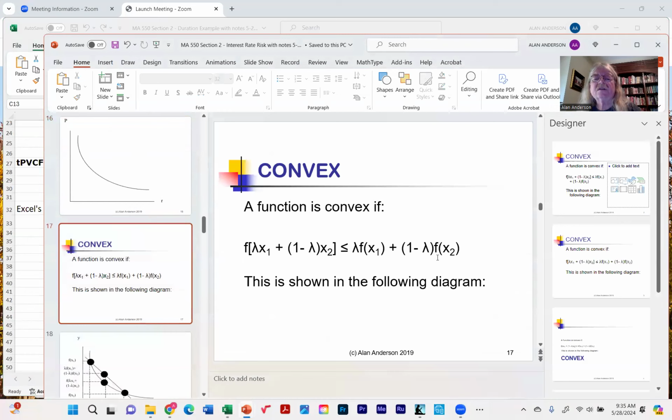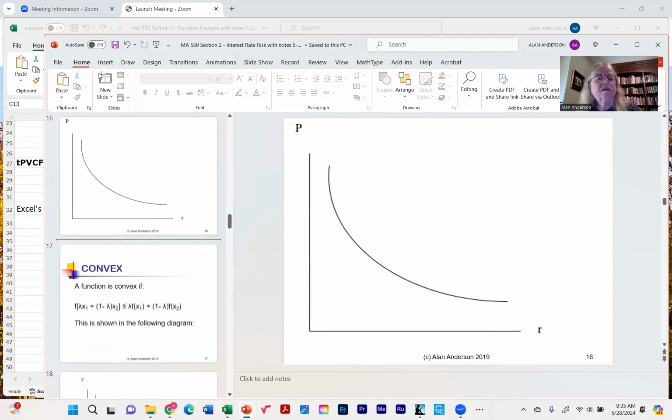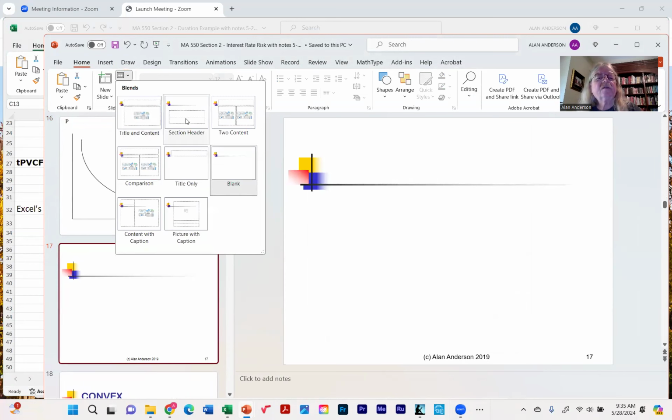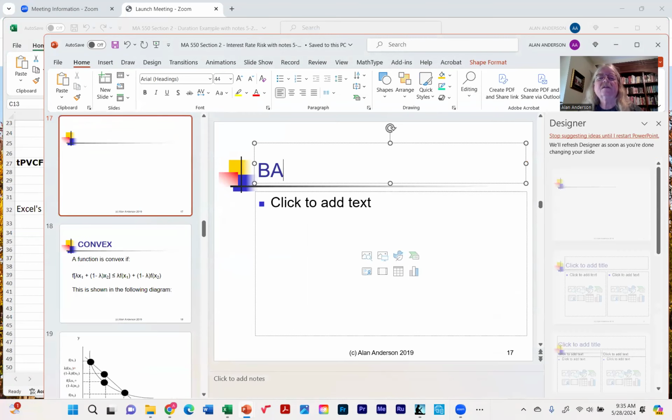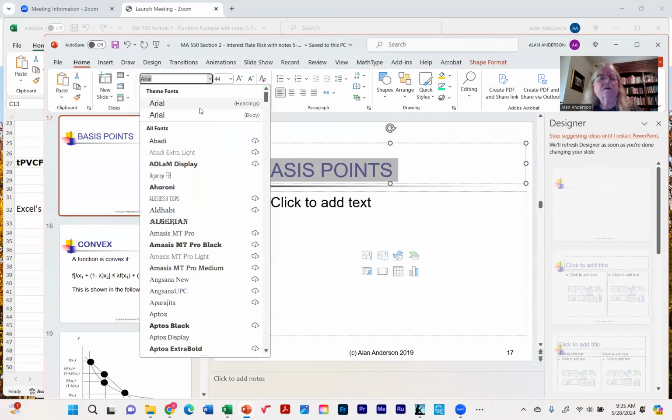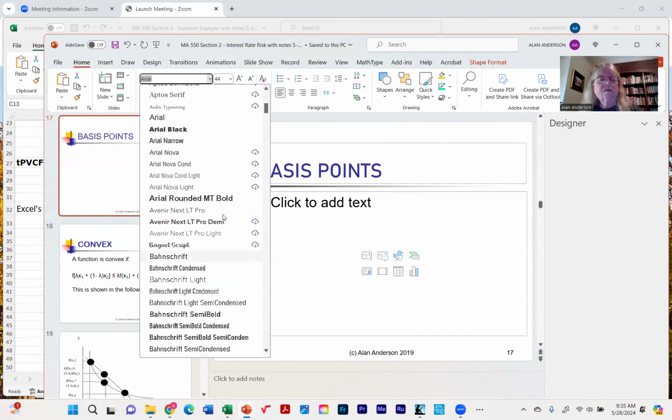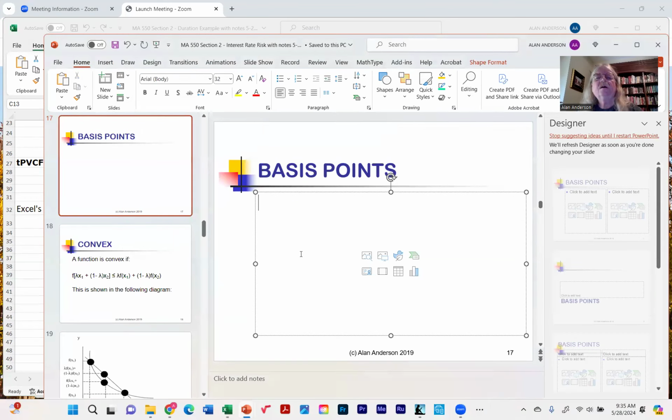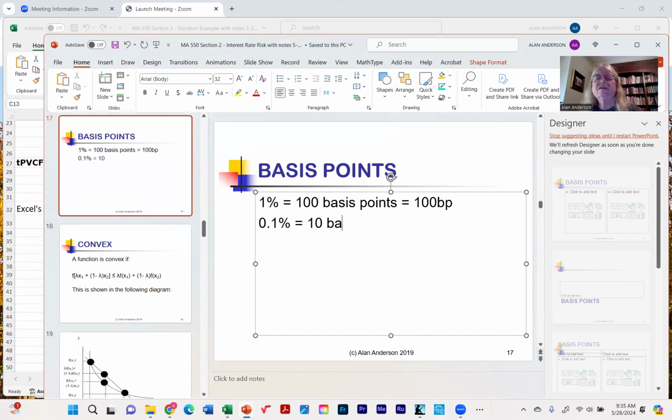As far as interest rates are concerned, there's a measure that's frequently used on Wall Street called basis points. So let's learn this right now. The way this works is that 1% equals 100 basis points, often abbreviated BP. 0.1%, therefore, is 10 basis points, or simply 10 BP.